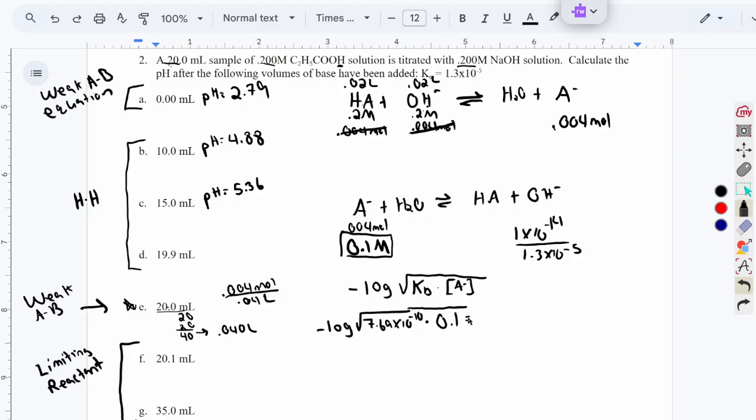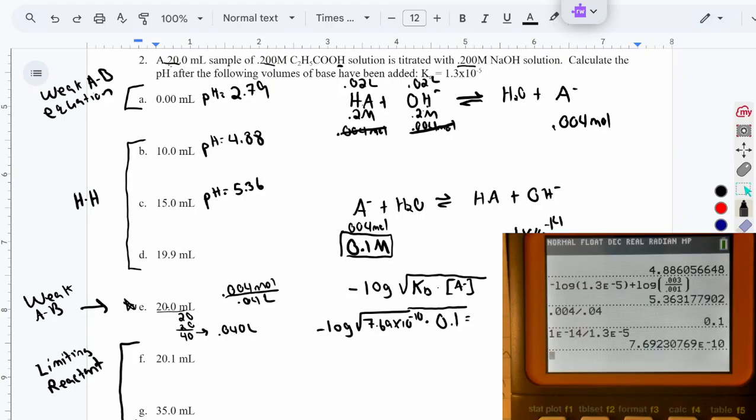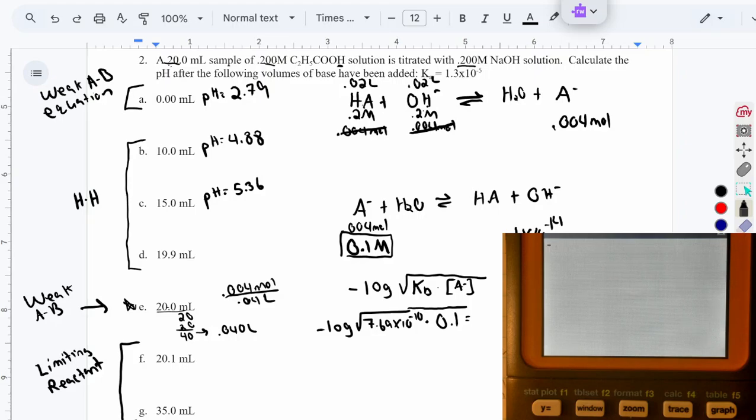And we're going to get 5.05. Don't forget though, this is our pOH because that was Kb. So my pOH is equal to 5.05, 5.06.